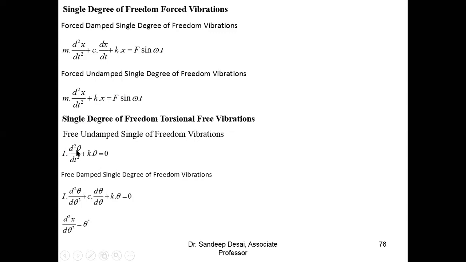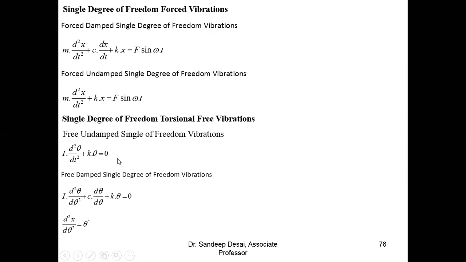So the equation will be on similar lines. I d square theta by dt square plus k theta equal to 0 for undamped vibrations, and for damped single degree of freedom torsional vibrations it is I d square theta by dt square plus c d theta by dt plus k theta equal to 0. So this is with damping, this is without damping.